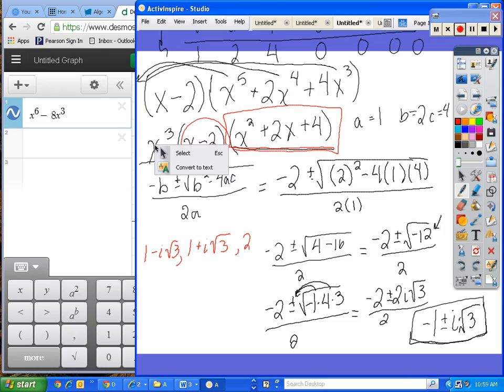Really x is 0, 0, and 0. Any questions on this? This x cubed equal to 0 is where I get this 0, and really there's 3 zeros in there, because it's cubic. So that's 3.